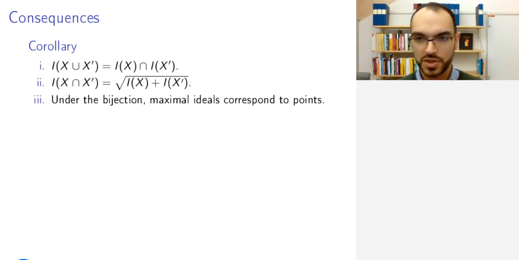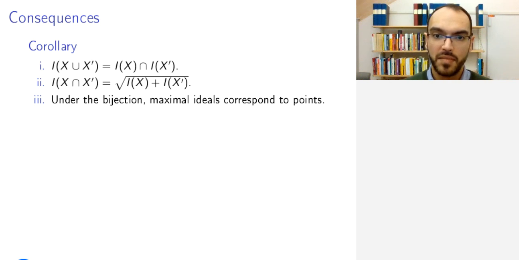Under the bijection we looked at, remember the strong Nullstellensatz implied as a corollary that there was a bijection between radical ideals and algebraic sets. Maximal ideals correspond to points. So a maximal ideal is automatically radical. Why?